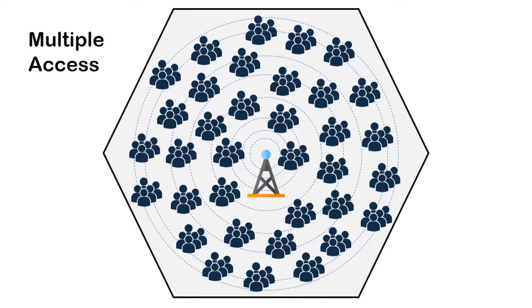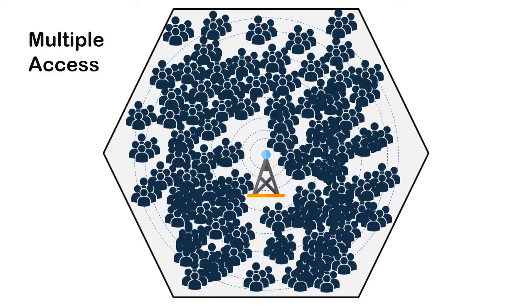Now the question is, if the intent is all about increasing the customer base and growing the business, it is quite likely that you will have more or evolving number of users under the same base station. And if the number keeps on growing, we may run out of spectrum. So, what to do?